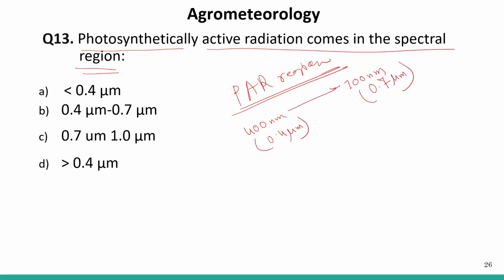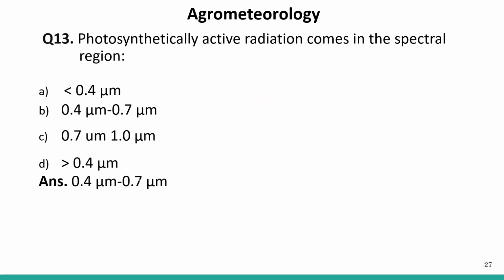This particular region has the violet and red region, which is very important for the photosynthesis process, right? So this is the photosynthetically active radiation, also called PAR region, and this comes under 0.4 micrometer to 0.7 micrometer. That is the correct one. Okay. So the correct answer is B.